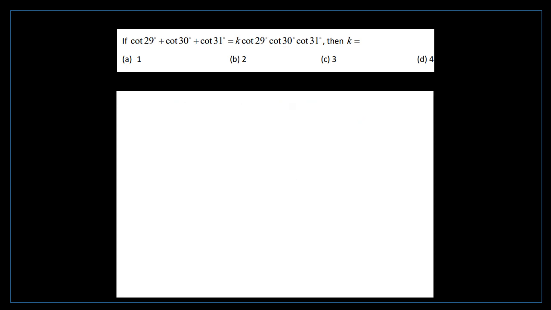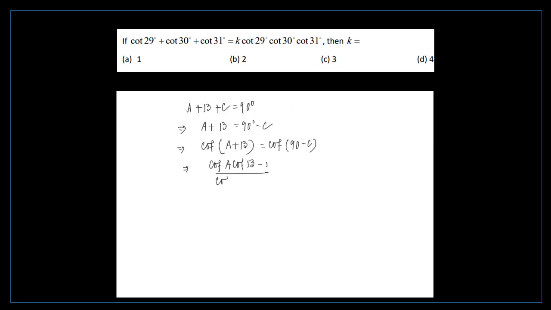And we can understand this expression also. Here it is given A plus B plus C equal to 90. So you can write A plus B equal to 90 minus C. And from this we can say cot of (A plus B) equal to cot of (90 minus C). Now the cot (A plus B) formula is (cot A cot B minus 1) by (cot A plus cot B).